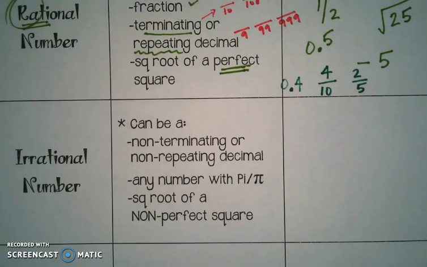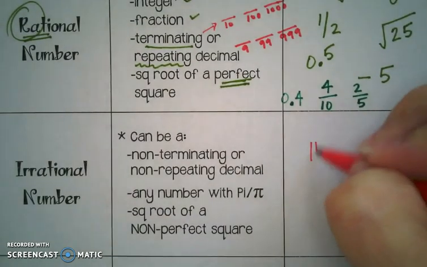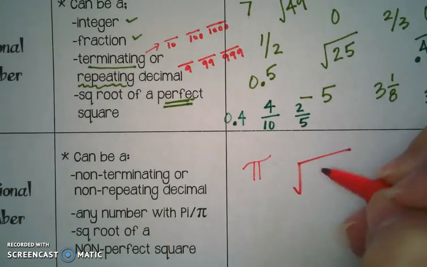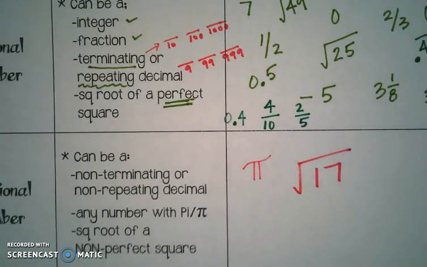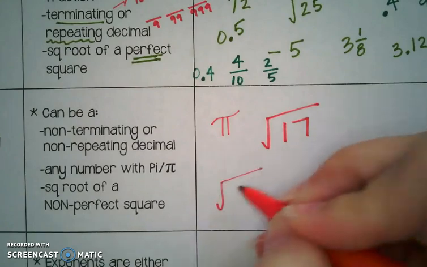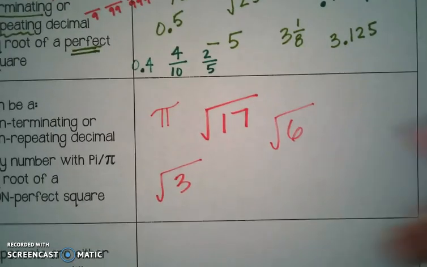All right, so let's look at irrational numbers. Irrational numbers are non-repeating, non-terminating decimals. So the most famous one is pi. All right, it's also the square root of something that we don't know. We don't know what the square root of 17 is. That's because it's irrational. It goes on forever. We don't know the square root of 3. We don't know the square root of 6.